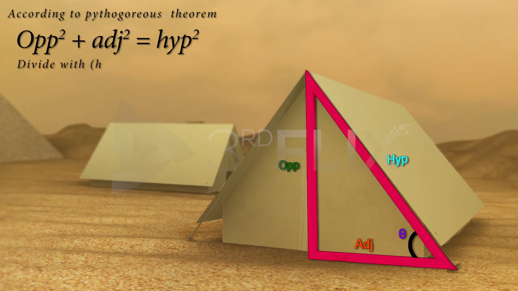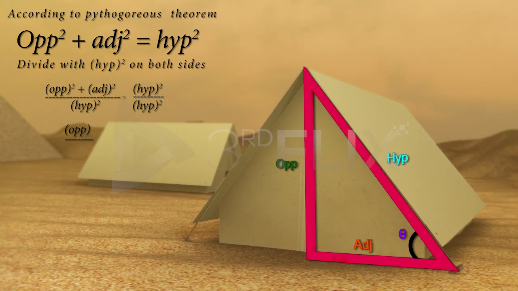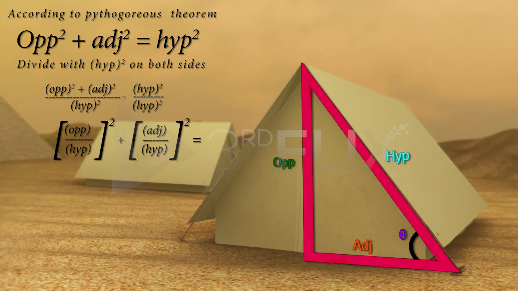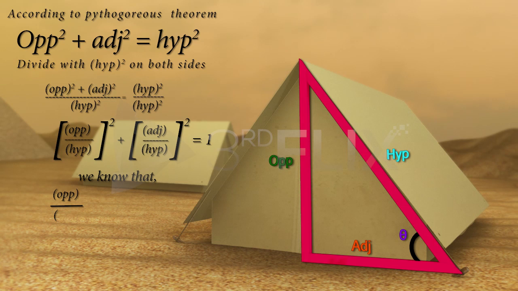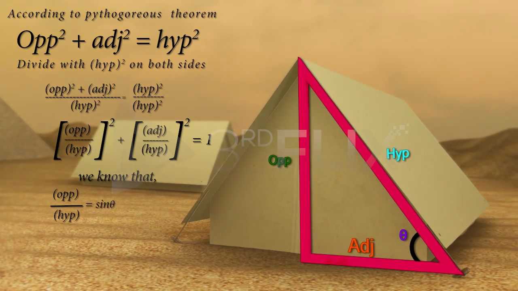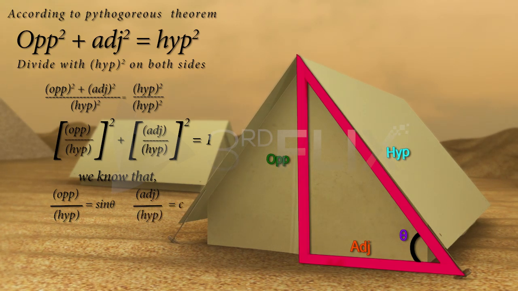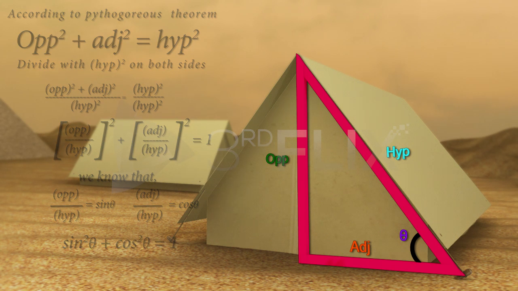Dividing both sides of the equation by hypotenuse square, we get opposite side by hypotenuse squared plus adjacent by hypotenuse squared equals 1. We know that opposite side by hypotenuse equals sine theta and adjacent side by hypotenuse equals cos theta. By substitution, we get the first Pythagorean identity. Sine square theta plus cos square theta equals 1.